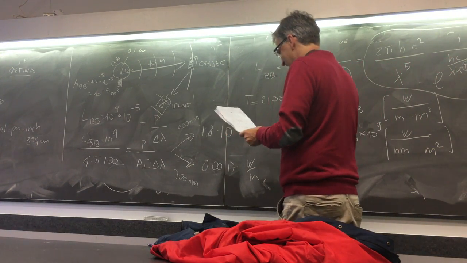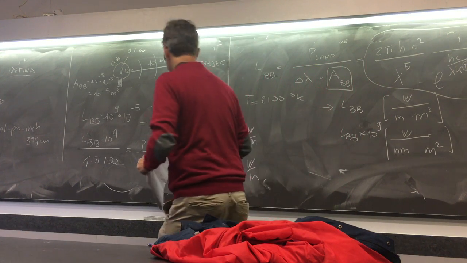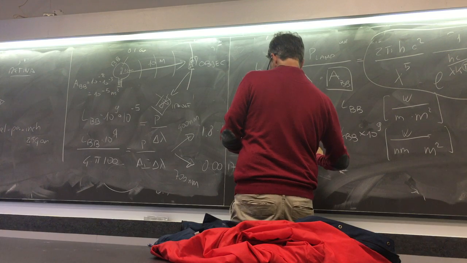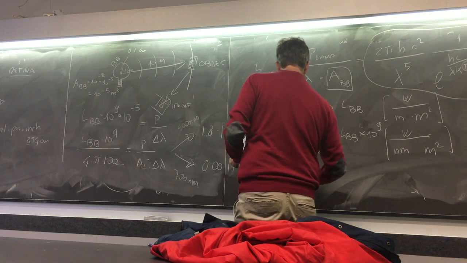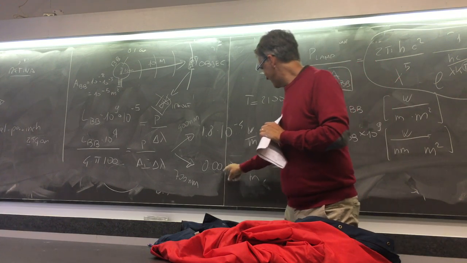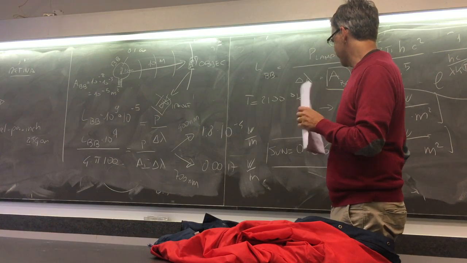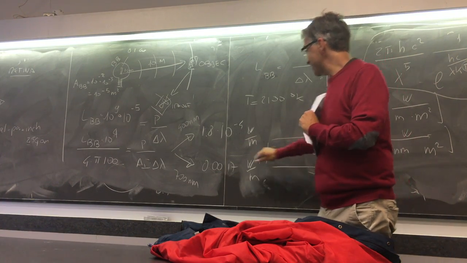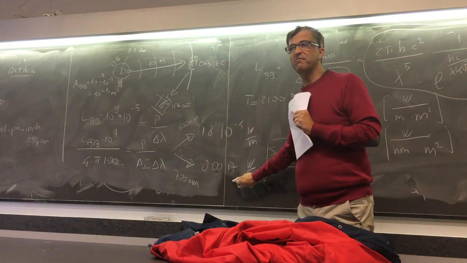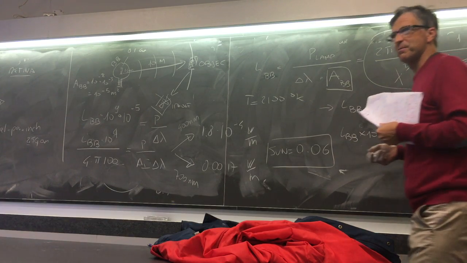So it's really a small power. If you use the sun, this number is 0.06, okay? So in the sun you get 600 times the energy that you get from a lamp. So the sun is 600 times the energy you get from the lamp.